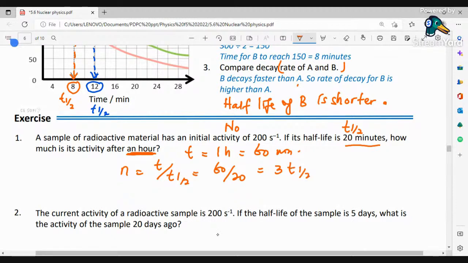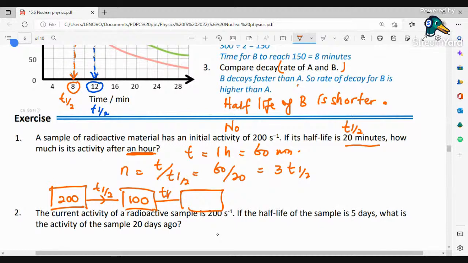Okay. Jadi 3 half-life. So if initial activity is 200, awal dia ialah 200. After 1 half-life, dia akan jadi separuh. Ini 1 half-life. Okay, half-life yang kedua, dia akan jadi 50.